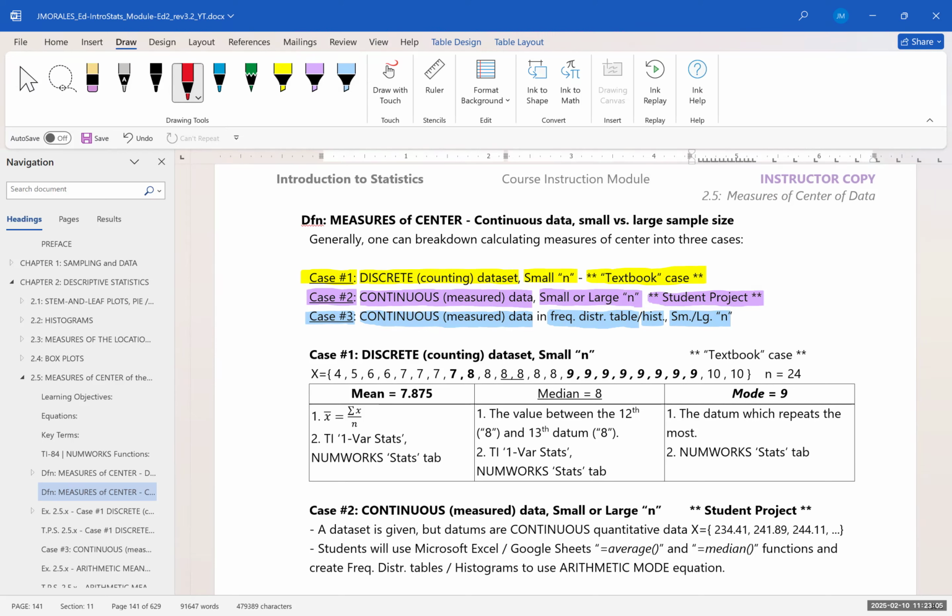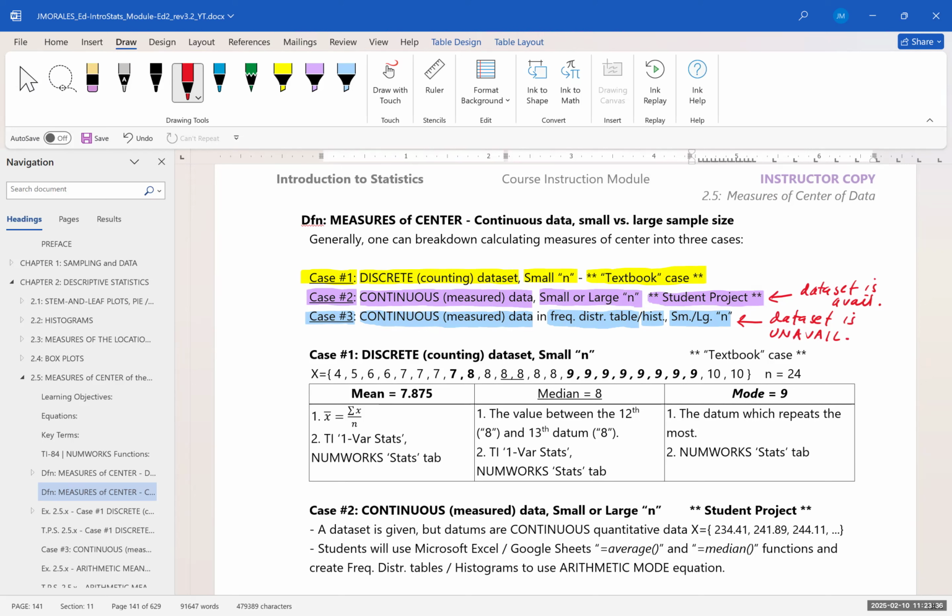But this second case is where the data set is available and you can work with it. This one is where the data set is unavailable and you don't have it. So all you have to work from is going to be a frequency distribution table or a histogram. And we'll get into each of these three separate cases.